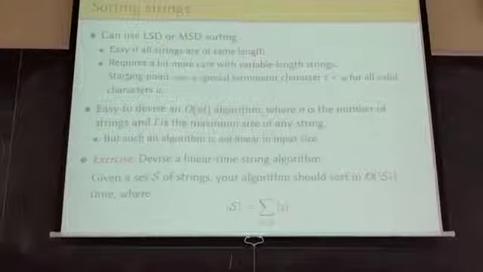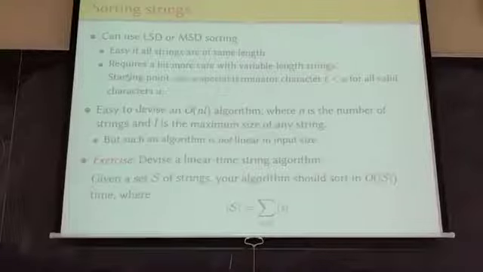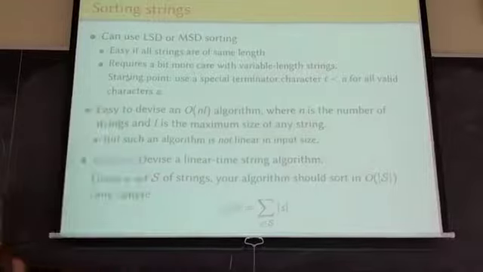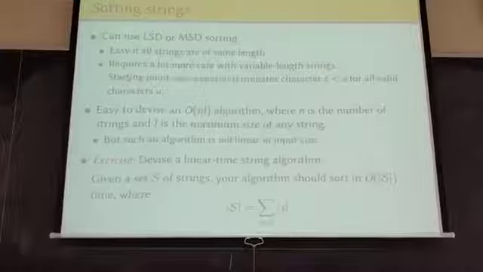Given a set of strings, the size of the input is the sum of the sizes of the strings. Obviously you can't do better than linear, because just to read your input is going to take linear time.